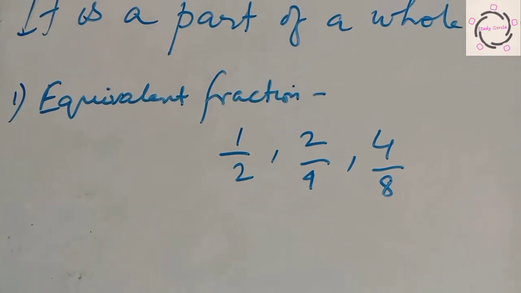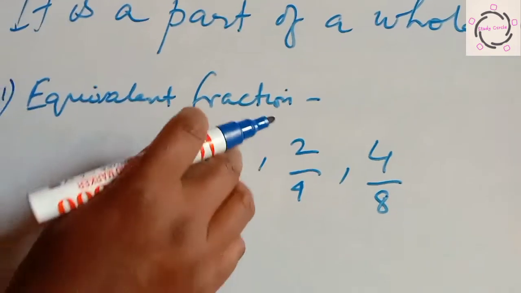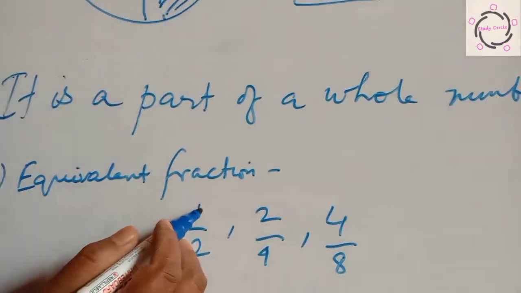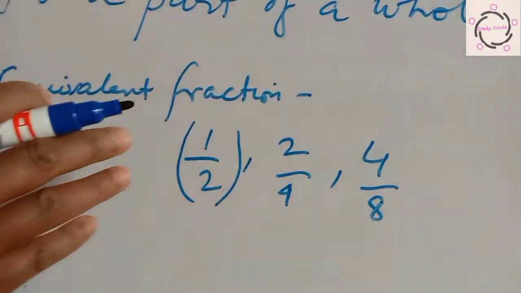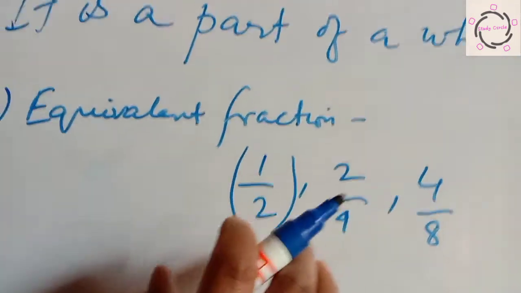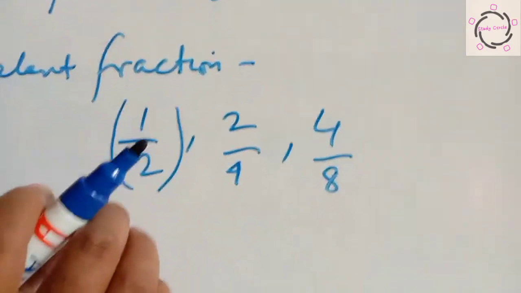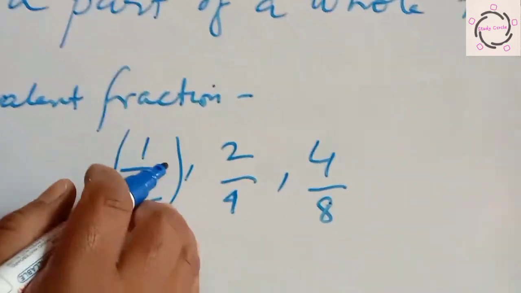If I divide it, 1/2 cannot be divided further. This is the least possible number, a whole number ratio or part.